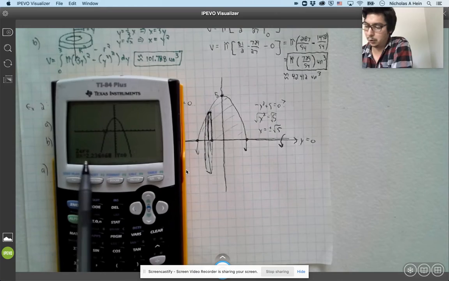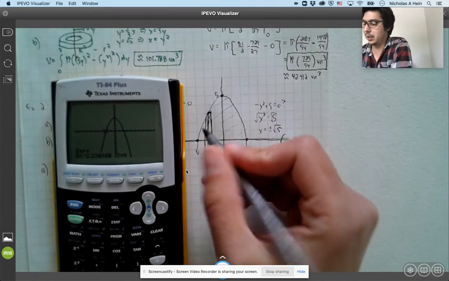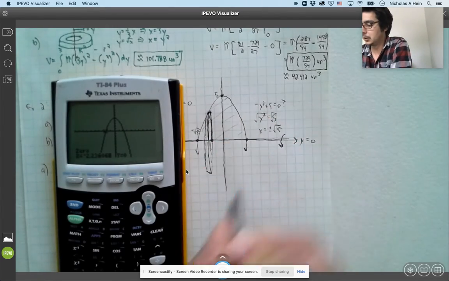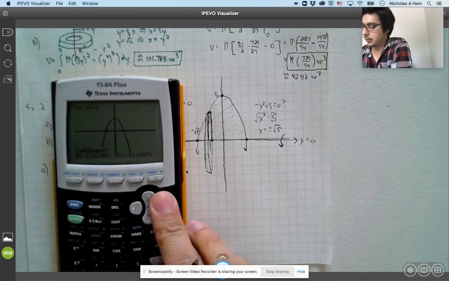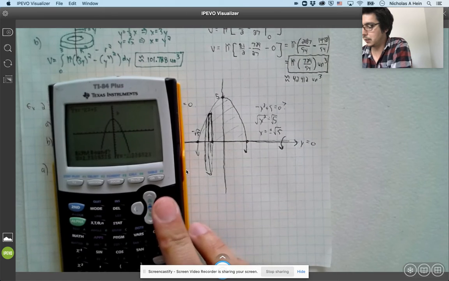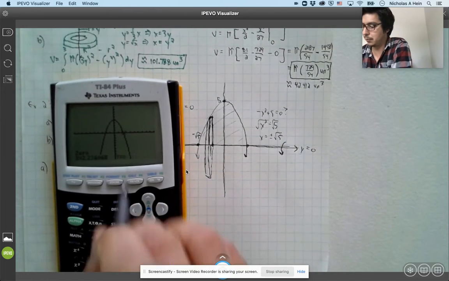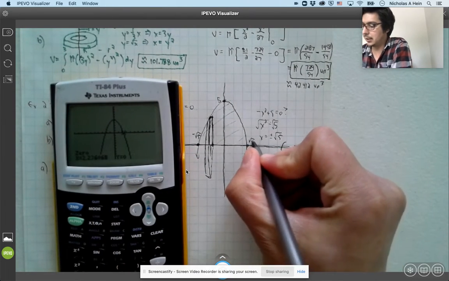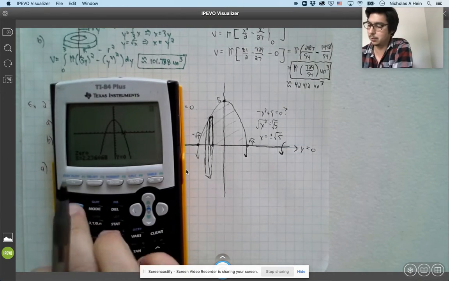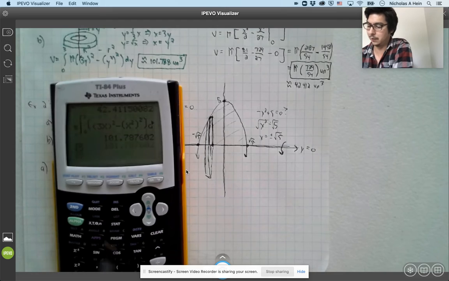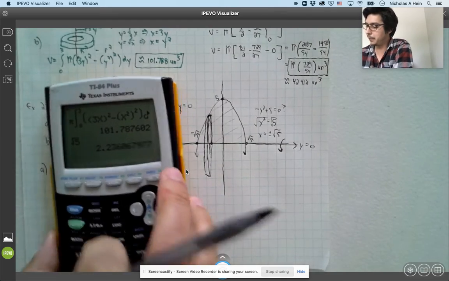This 0 is at negative 2.236, which, by the way, is negative root 5. And then if I calculate my other 0, pick a left bound somewhere over here, the right bound obviously has to be on the other side, guess in the middle, and you'll see that that's root 5 too, right? So again, that's 2.236, but if you don't believe me, square root of 5 is that number, okay?